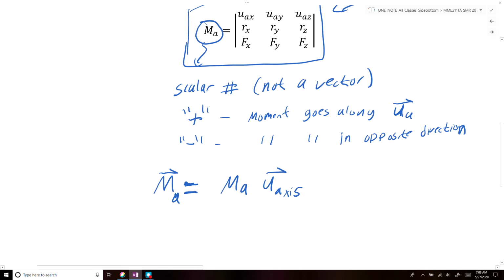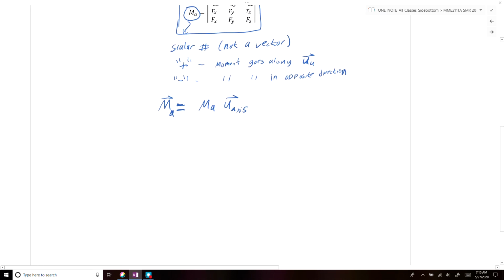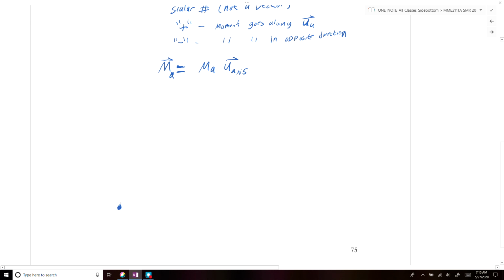The last thing I'd like to point out is that if you have an axis that goes along this direction, and we define a unit vector that goes along the axis, and we have a force applied to our rigid body, we can define our moment as r cross F. Now we can select r to be at any point along the axis.